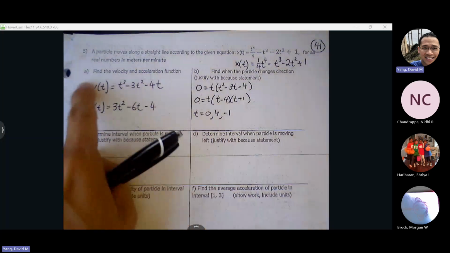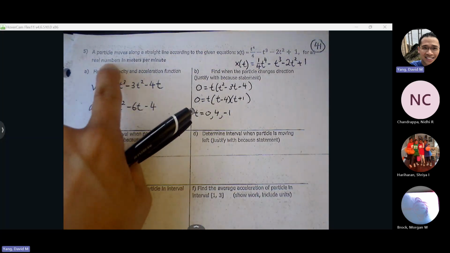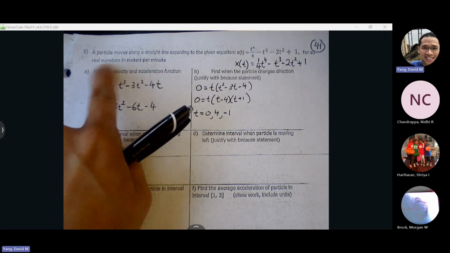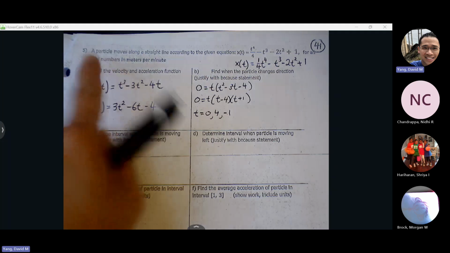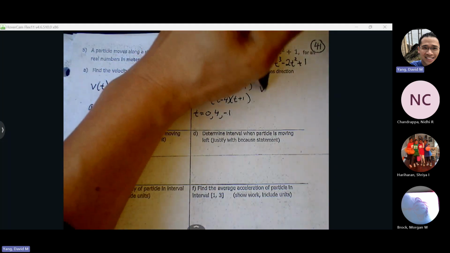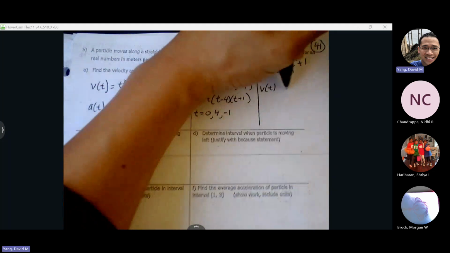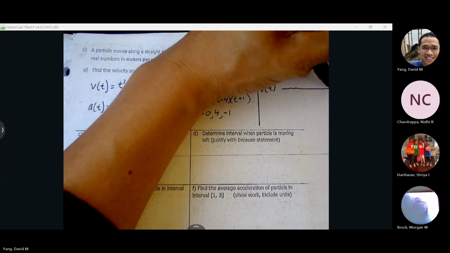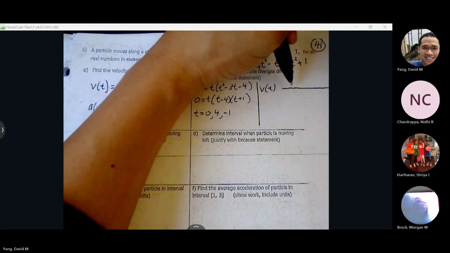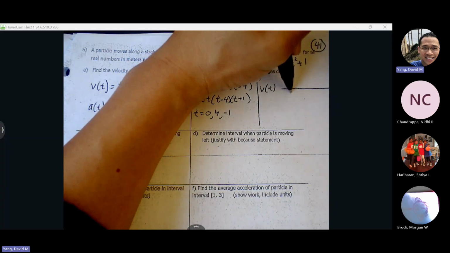Now, if you go back and read the problem here, it says that this particle movement is defined for all real numbers. So it's not just positive numbers. So the number line is going to include all negative and positive numbers. So that means we're going to keep -1.